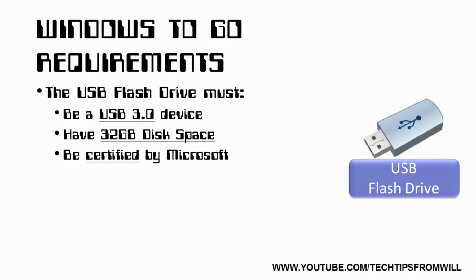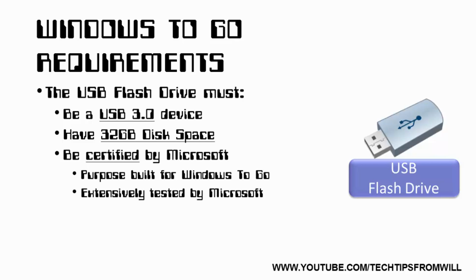Microsoft keeps a list of recommended USB devices on their website that have been certified to work with Windows to Go. These certified USB devices were actually built with Windows to Go in mind. As such, they have been extensively tested by Microsoft to ensure they are capable of booting and running Windows 8 and Windows 8.1.